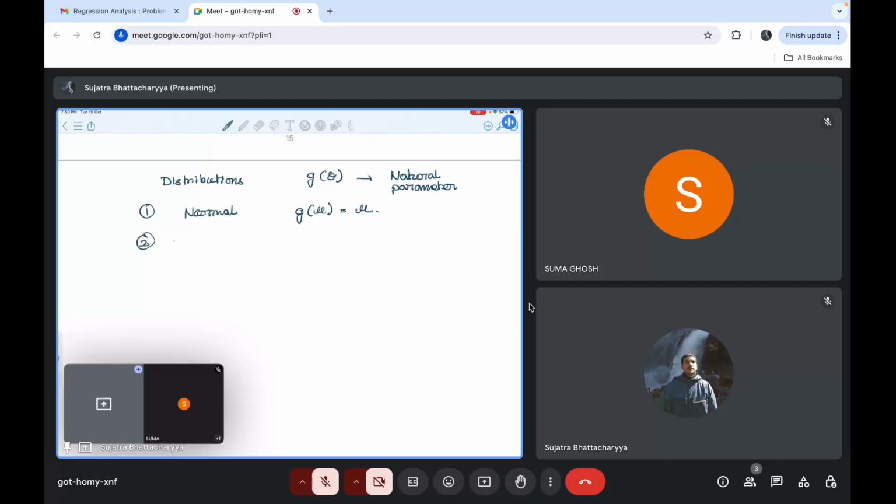Number two is binomial, which we have seen, where g of p is log of p upon 1 minus p. This is sometimes called the logistic link. Third is the Poisson distribution, where g of lambda or mu, whatever you want to write, is log of mu. This is the log link.